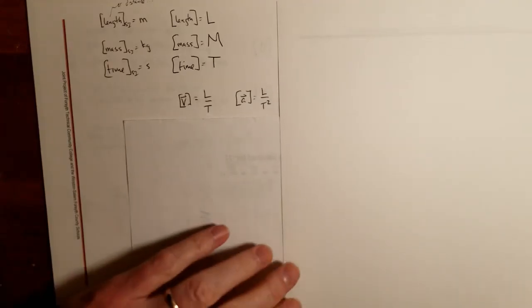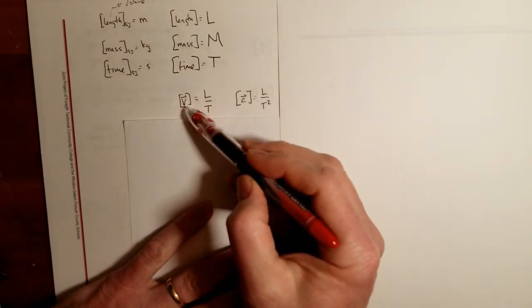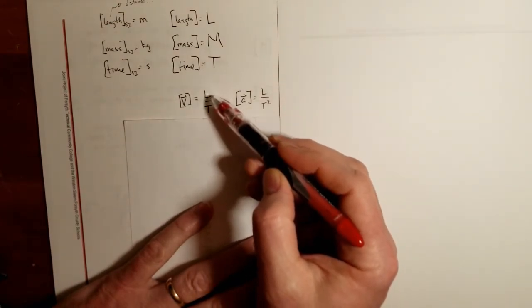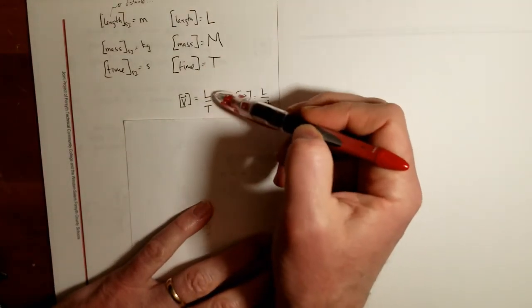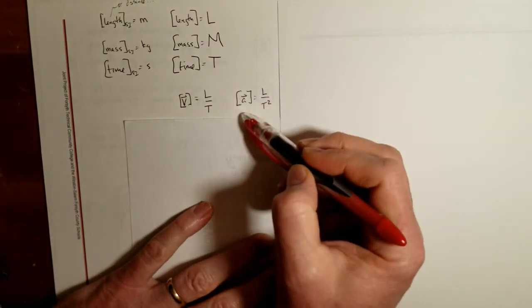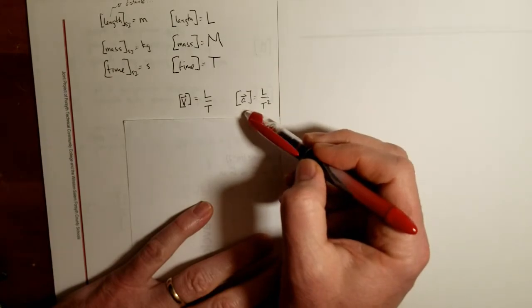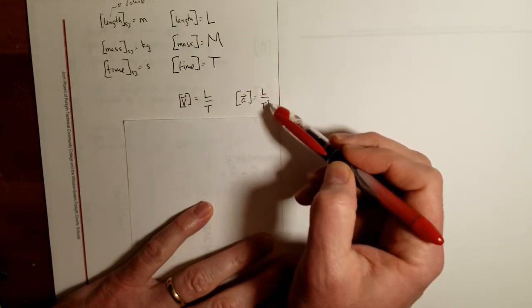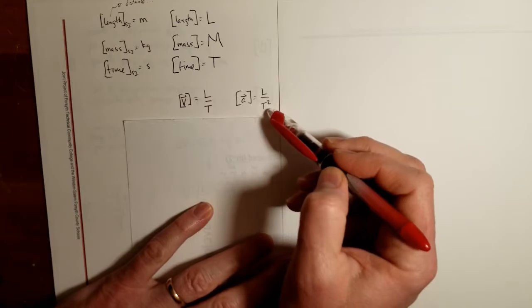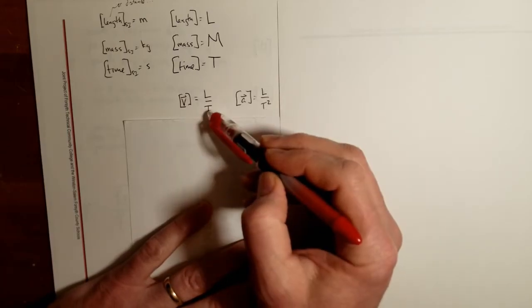So if we look at that, velocity on the first page I said was meters per second, but generically it is just L over T. For acceleration, it's meters per second squared in SI units, but generically, it's L over T squared. So this way we have a general all-purpose unit to match whatever system you happen to be using.